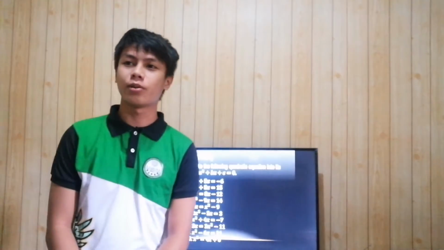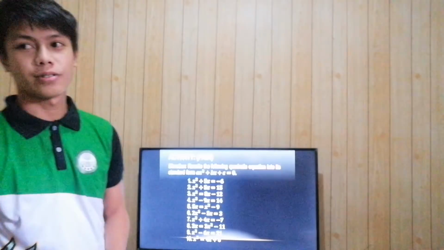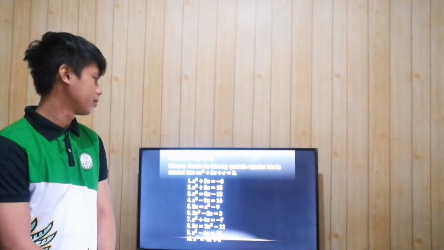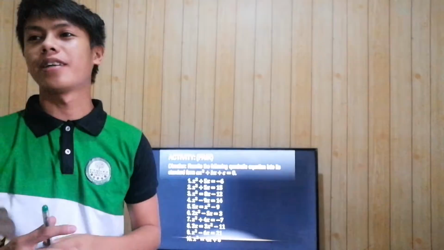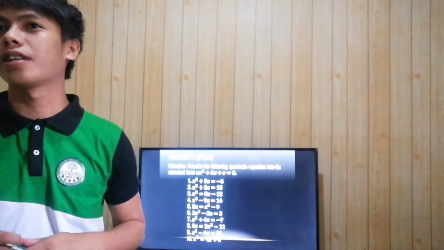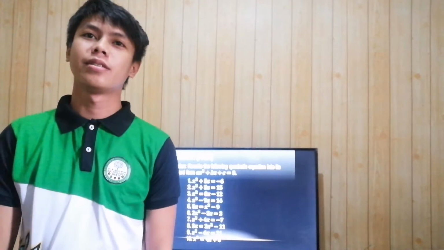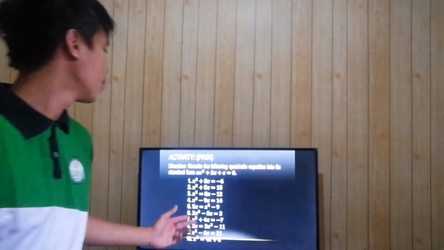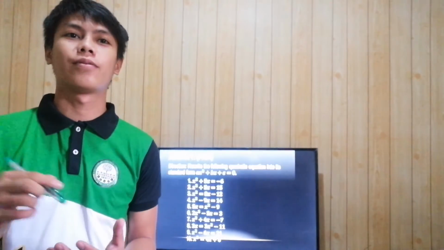Now, for our first activity, can you read the direction, class? Okay, very good. So, rewrite the following equation into its standard form. As I mentioned earlier, the standard form is ax squared plus bx plus c is equal to 0. So, what are the givens? You will just rewrite it into its standard form.